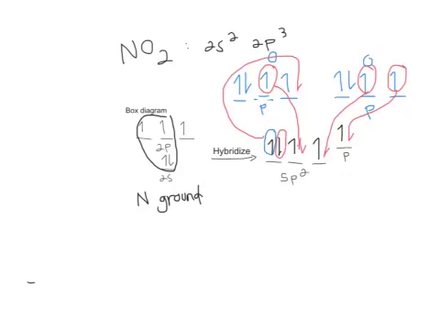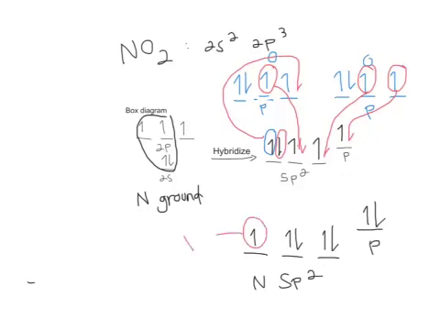So eventually what we're going to end up with, with all the arrows and the circles, is this, and this will be our free radical.